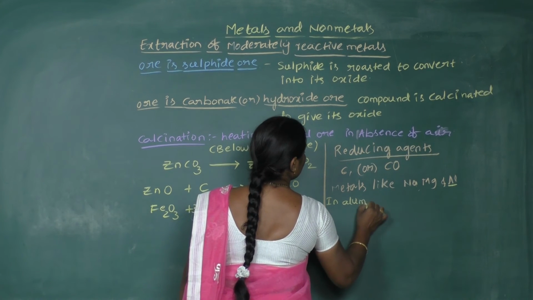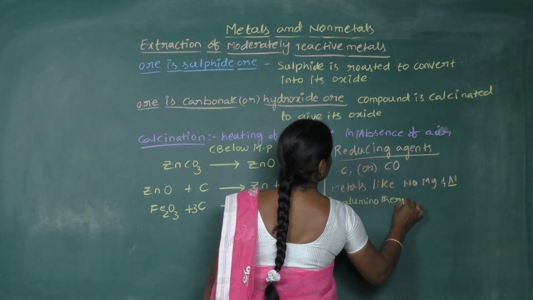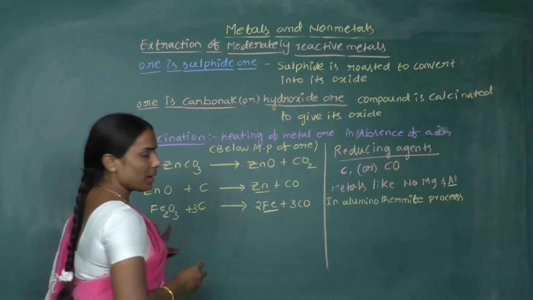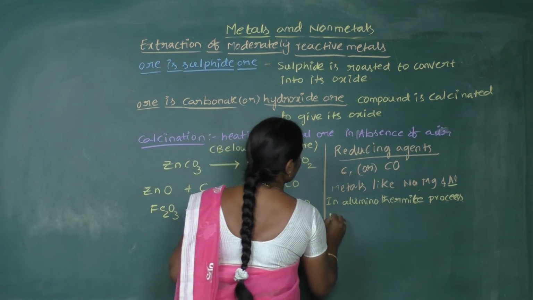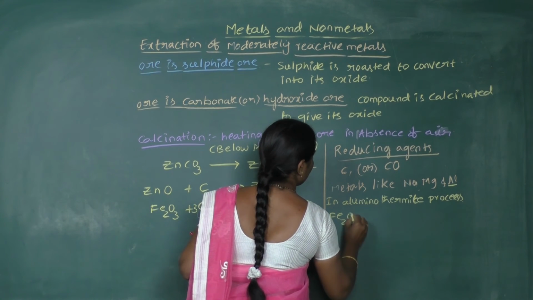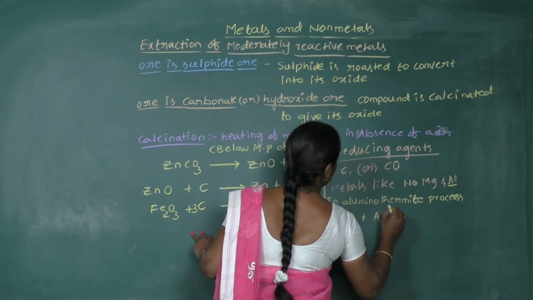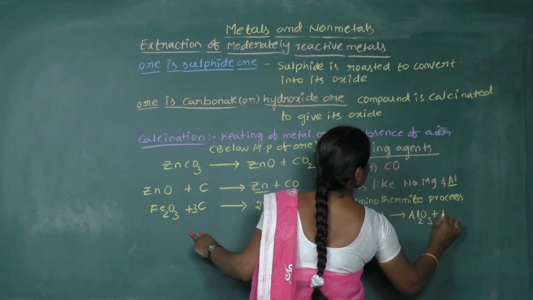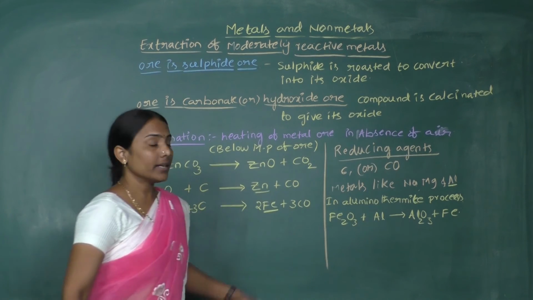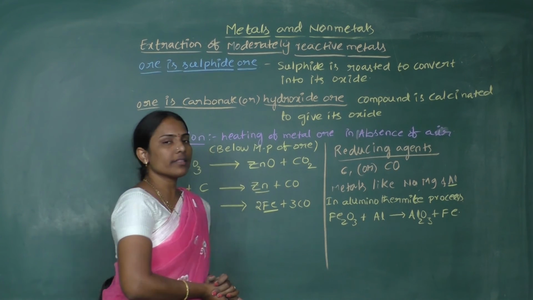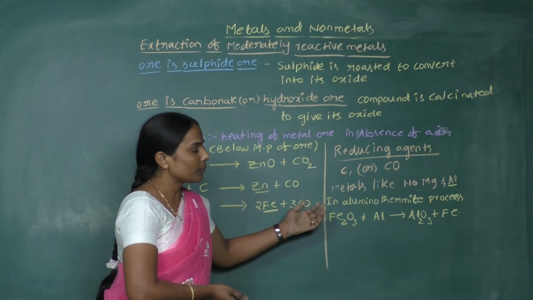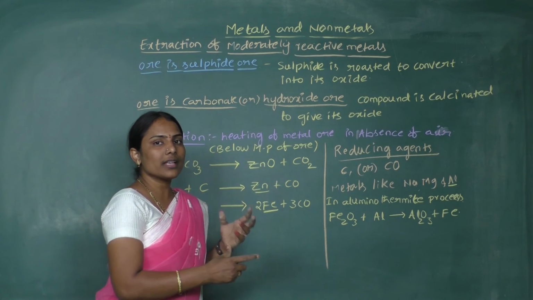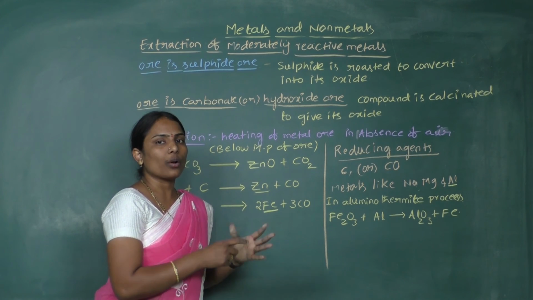In the aluminothermite process, to reduce the same iron, we use aluminium. So Fe2O3 plus Al gives us Al2O3 plus Fe. A very important use of this reaction is in making railway tracks, because here we can cast the iron to the required shape.